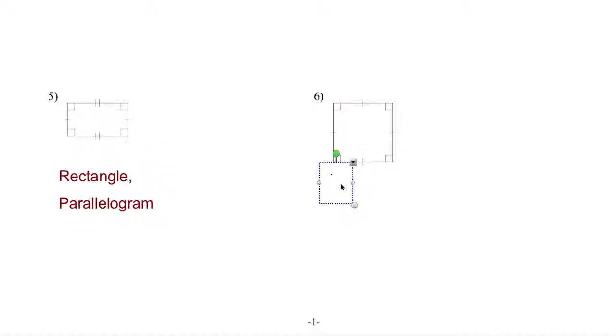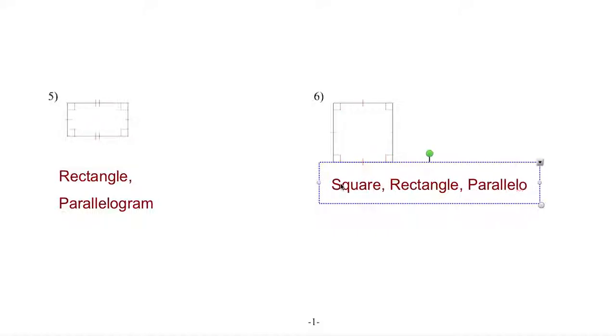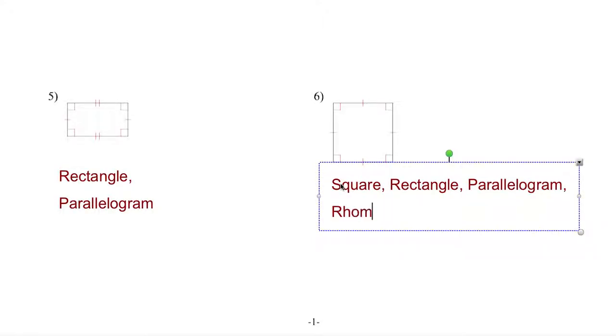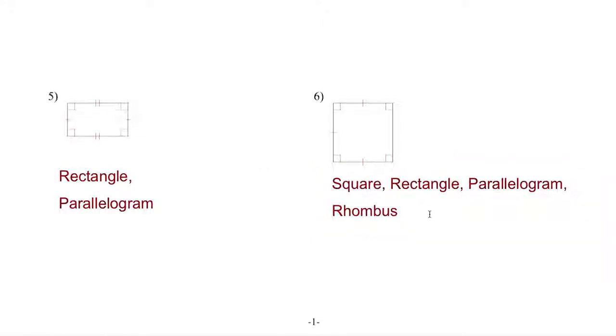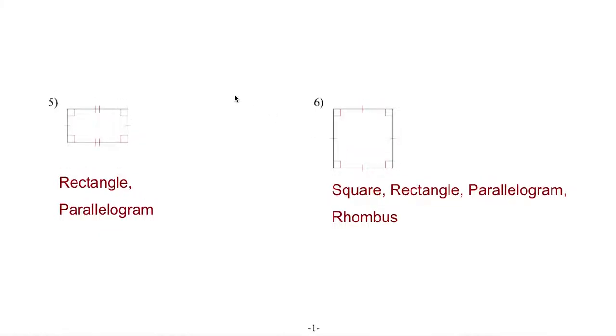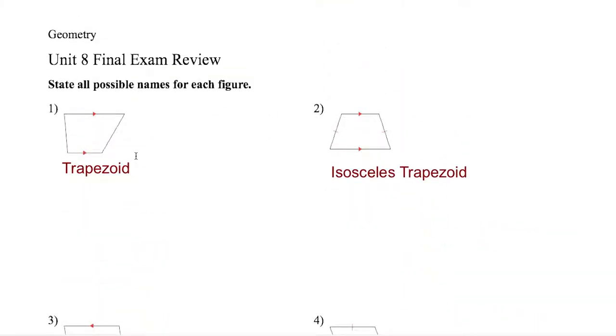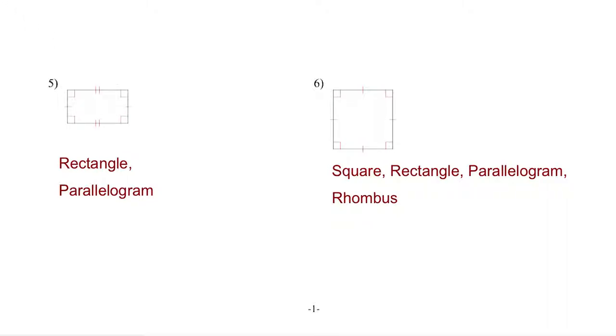And number 6, we can see that this is a square, and all squares are also rectangles, and all rectangles are parallelograms. And because it's also a square, it is also a rhombus as well. So it's a whole bunch. Just understand the main difference between a trapezoid and a parallelogram, and you really can't go wrong with these. But definitely review the definitions and the key characteristics that we examined in class.